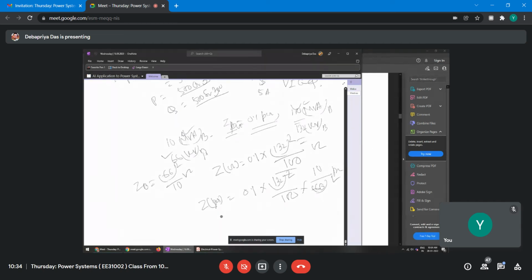So basically, the per unit value is the old one, into the old kV base squared over the old MVA base, into the new MVA base over the new kV base squared.